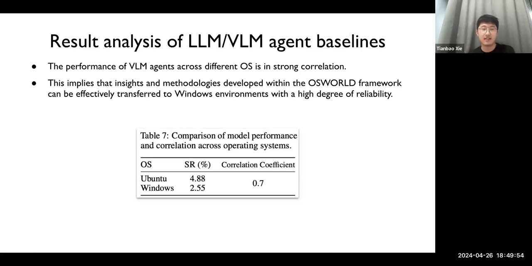This implies that the insights and methodologies developed with the OSWorld benchmark can be effectively transferred to Windows environments with a high degree of reliability. Currently we only publish the Ubuntu image, and in the very near future we will also release the Windows one, but it may need some activation from the user side.